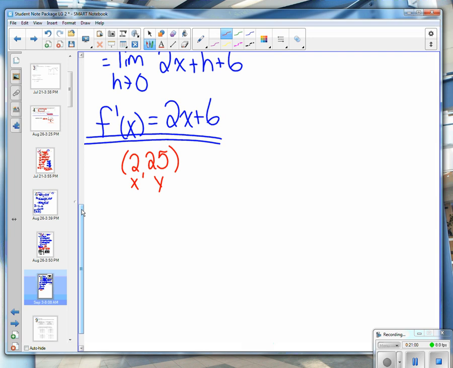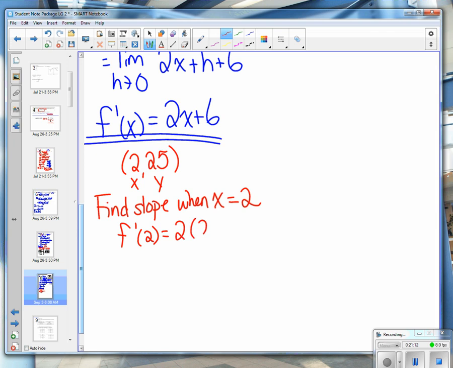So we want to find the slope when x equals 2. So let's do that. I've got 2 times 2 plus 6. So we've got 4 plus 6 is 10. And remember that that is equal to our slope because slope and derivative are the same.